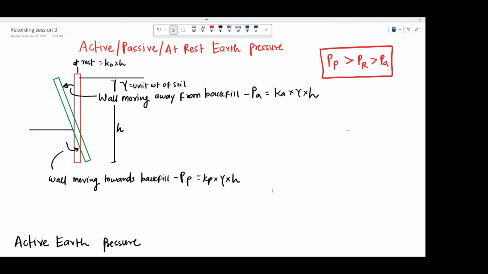Basically, before going into that, I'll explain what exactly these three pressures are that are generally taught, and then I'll deep dive into it in order to explain their conceptual significance. So, first of all, as you can see, I have already written down some of the stuff here. Let's assume there is a retaining wall.